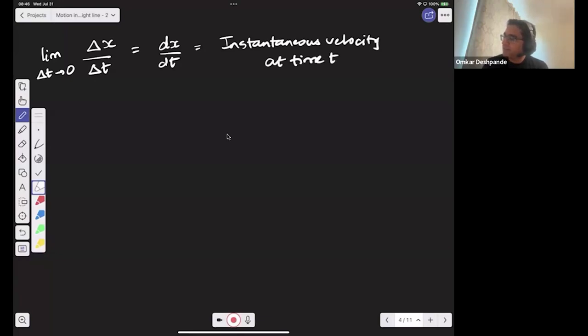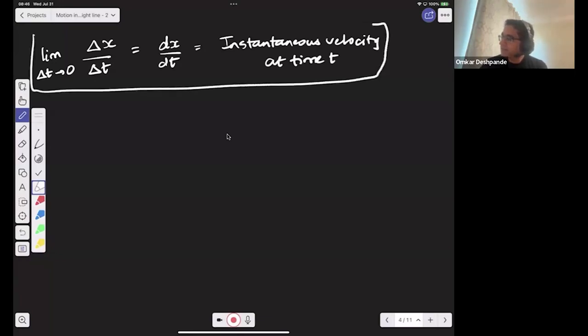This is the useful physical quantity that we are interested in.